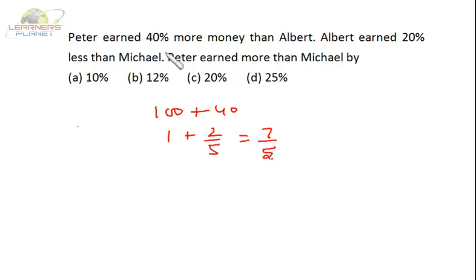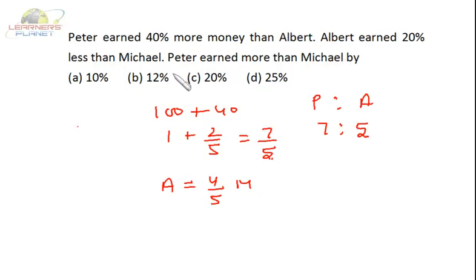Okay. Now Peter is earning 40% more than Albert. That means the ratio of Peter is to Albert is 7 is to 5. Okay. Now Albert earned 20% less than Michael. So Albert is earning 80% of Michael. That means Albert is 4 by 5 of Michael, isn't it?